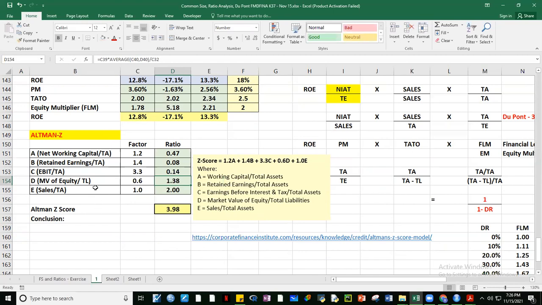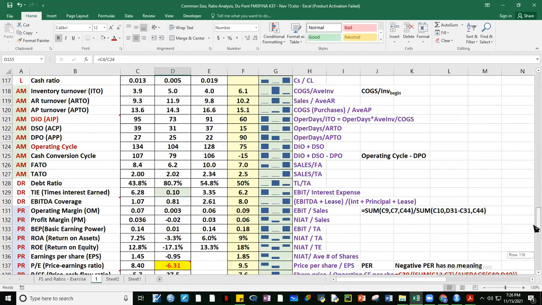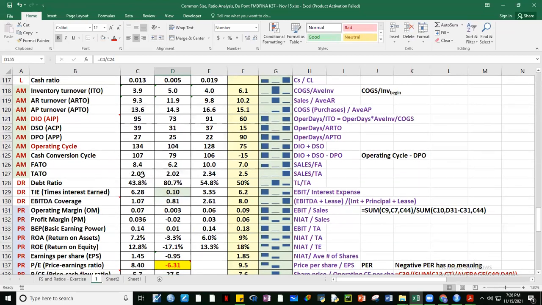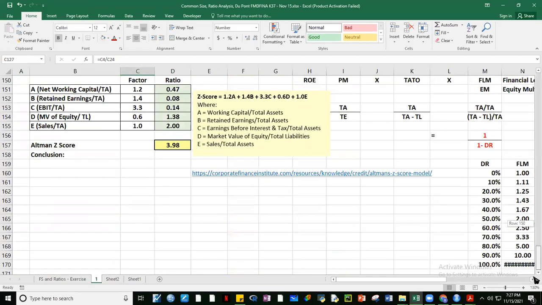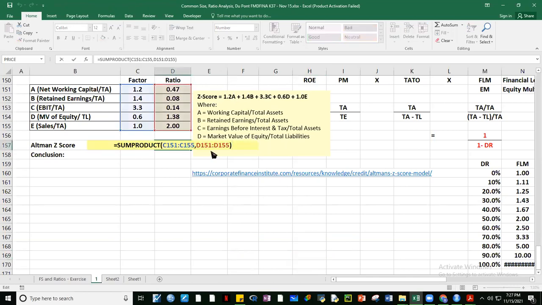And then we have sales over total assets. Simple lang yan. Okay? Sales over total assets, that's your Tato, di ba? Okay. 2. So the same as our Tato here. Okay. So now that we have measured the ratios, guys, ang gagawin na lang natin, i-multiply natin yung mga factors. Okay, instead of multiplying 1.2 times 0.47 plus 1.4 times 0.08, what we can do is use the sum product function.